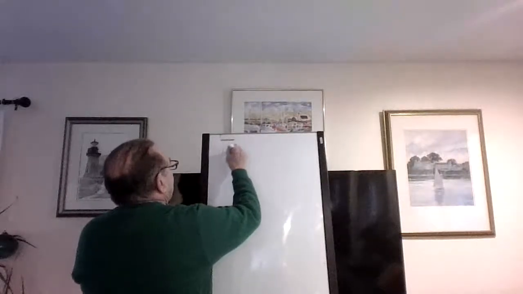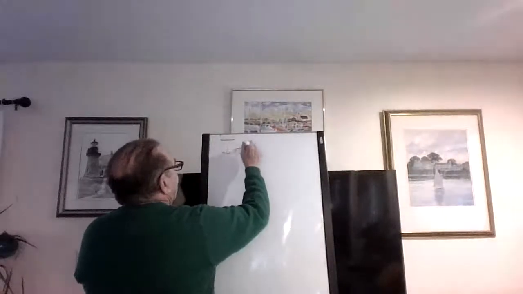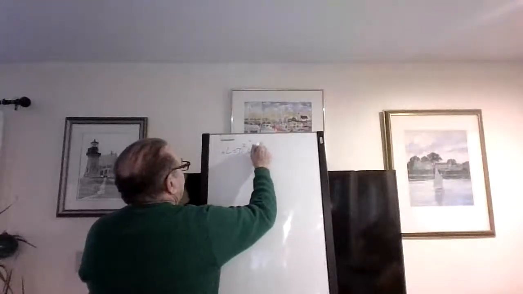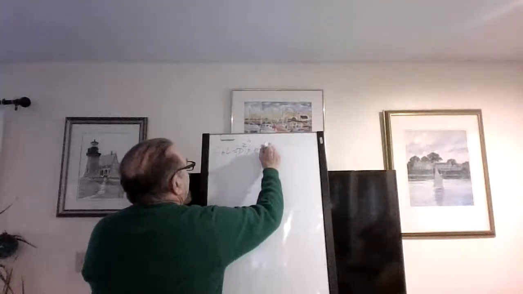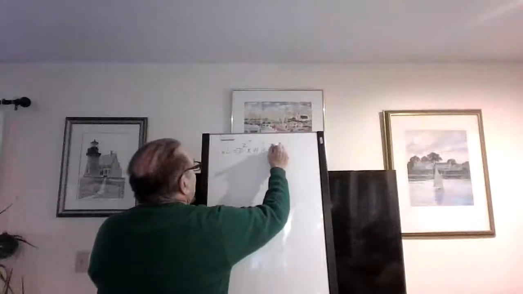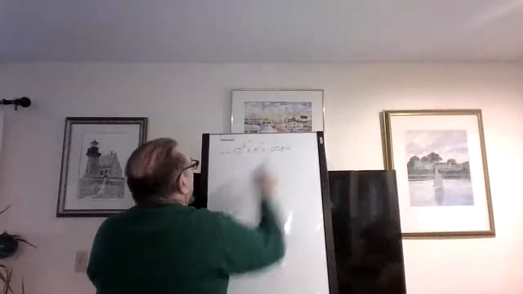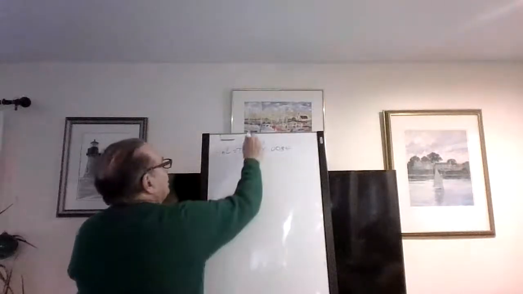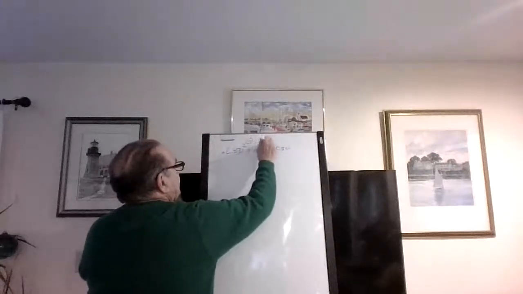This is gallons equals diameter squared, in inches. Okay, that's the first one. Notice inches and inches.